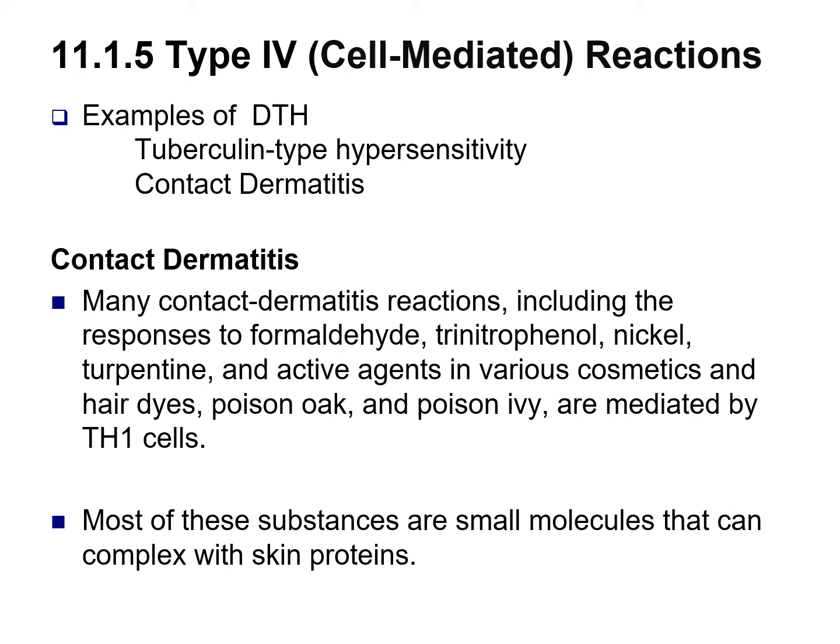Right. So what else? So that is why, for example, if you're going to buy a cosmetic product, something that you apply on your skin, or even the hair dye, they would advise you to test it on your skin first. That's in order to check for possibility of cell-mediated reactions.